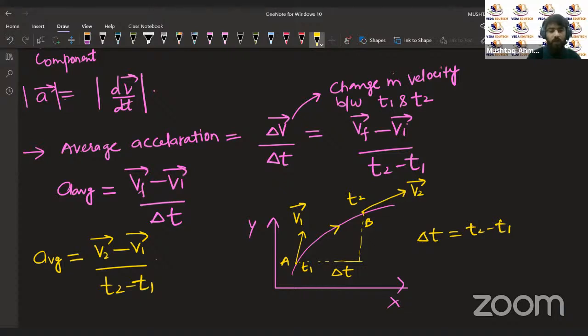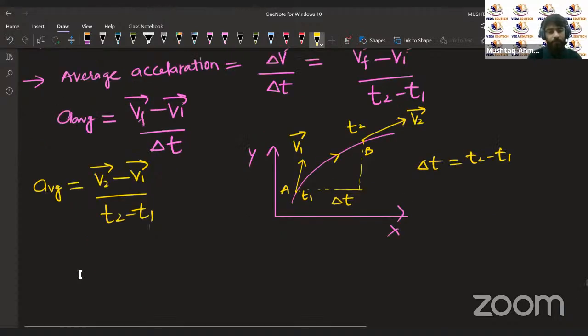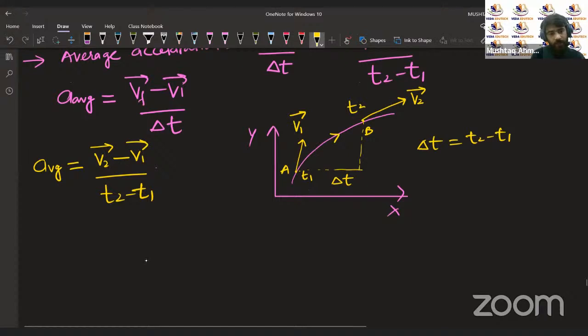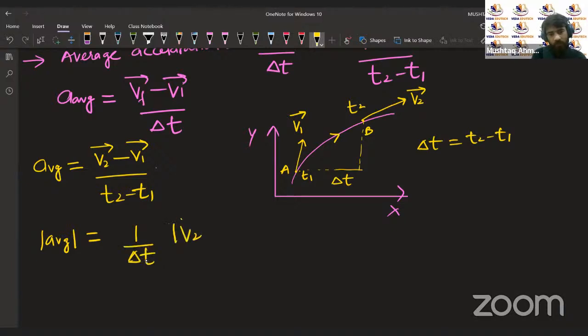To calculate its magnitude, we bring the time outside, calculate the mod of v2 vector minus v1 vector and divide it by delta t. We'll come to know the magnitude of average acceleration.